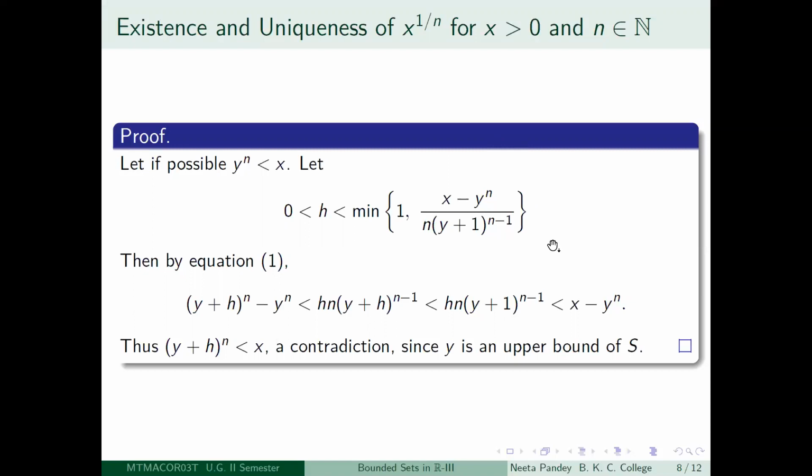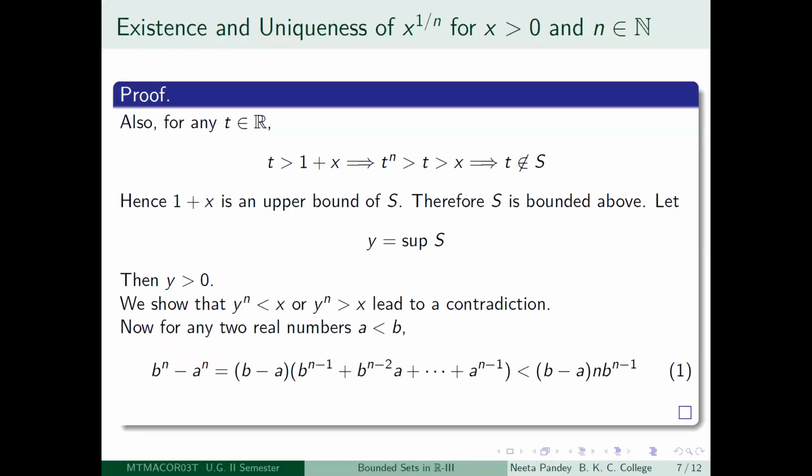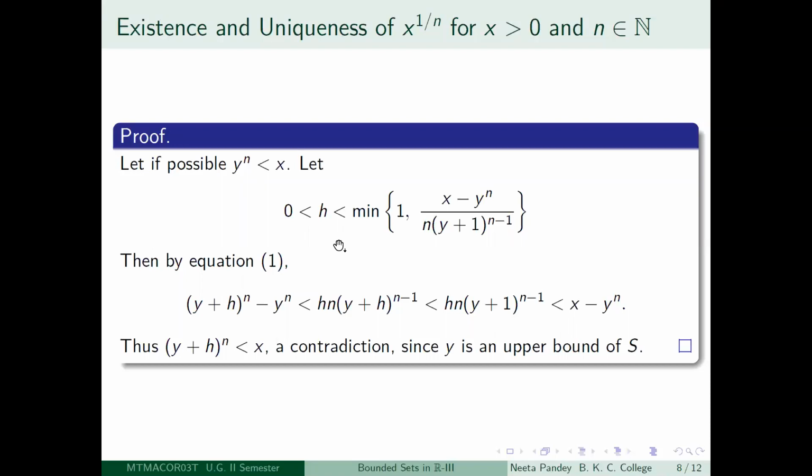Remember, what is y? Y was the supremum of S. So since S consisted of positive real numbers, y was greater than 0. Therefore, your denominator is always positive and your numerator is positive by your assumption. So these two numbers in the second bracket are both positive. Therefore, the minimum of that is a number which is greater than 0.